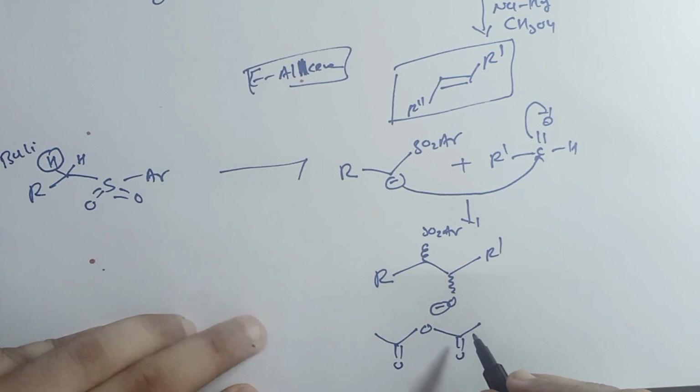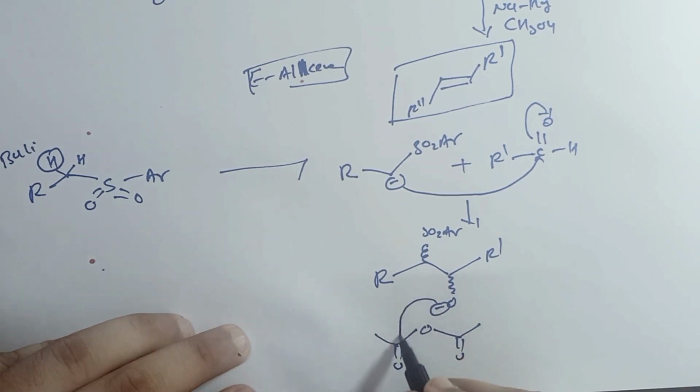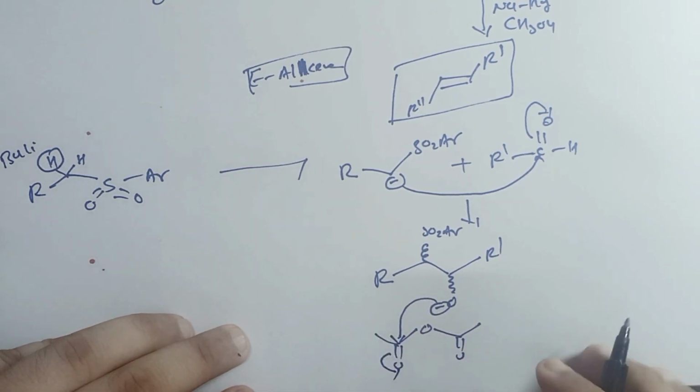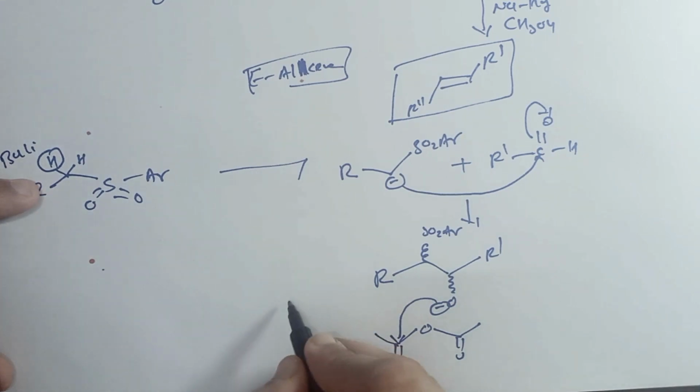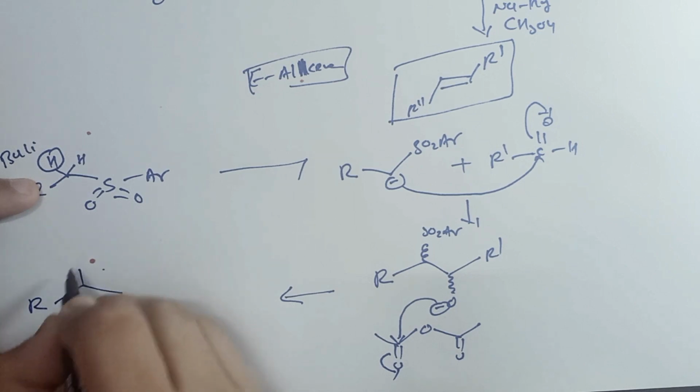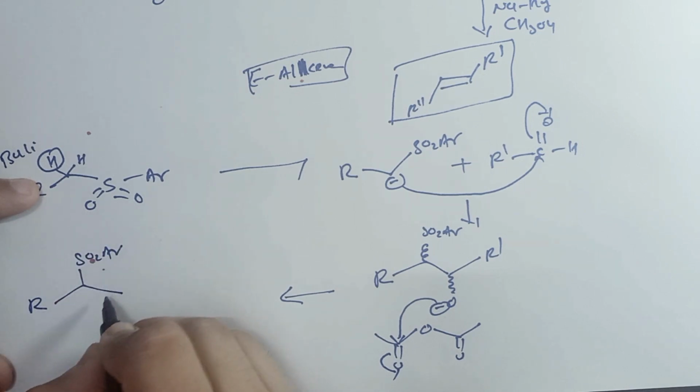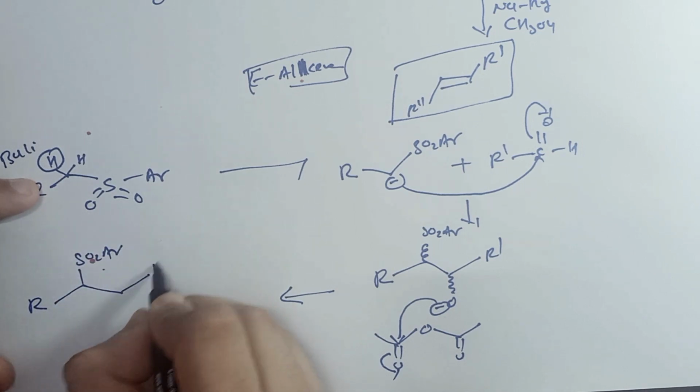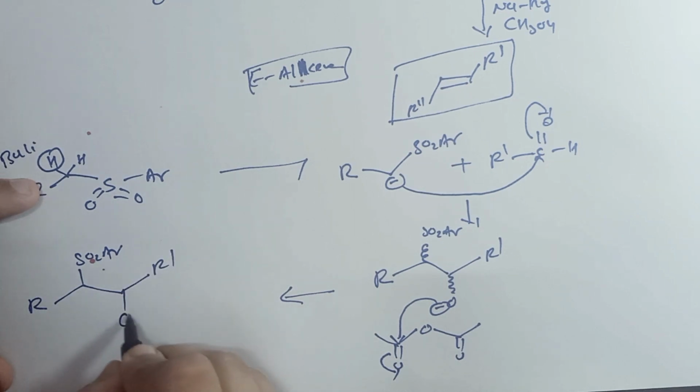Now this negative charge will fall over here and make a bond over here. So what we are getting here is an R, that is the SO2Ar group, and here also an R dash. Now this oxygen will make a bond over here.